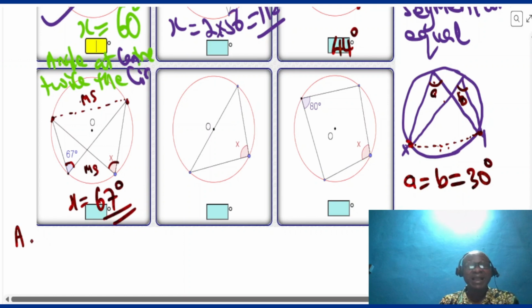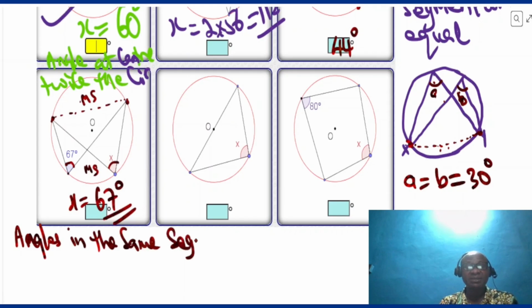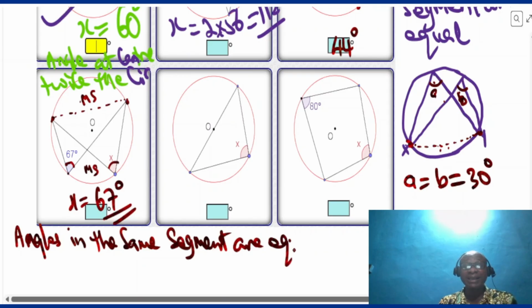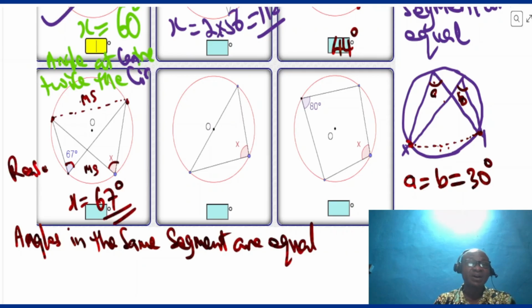Angles in the same segment are equal. In an exam, if they ask you this question, they will just write one word that means a lot. They will write give reason. Give reason. That is all.